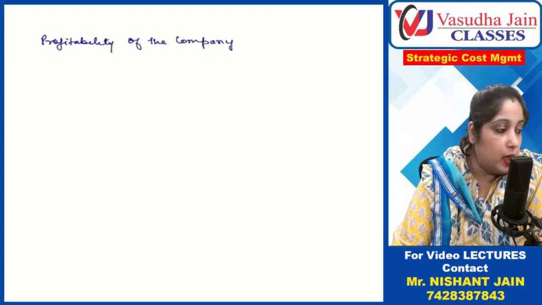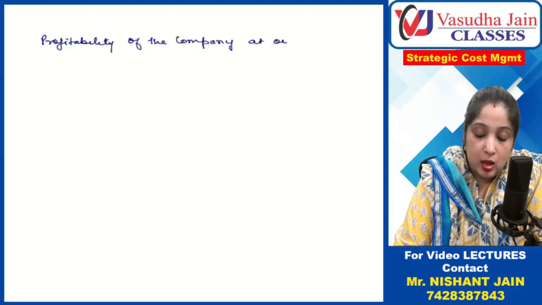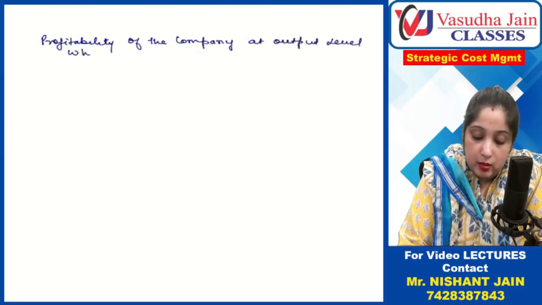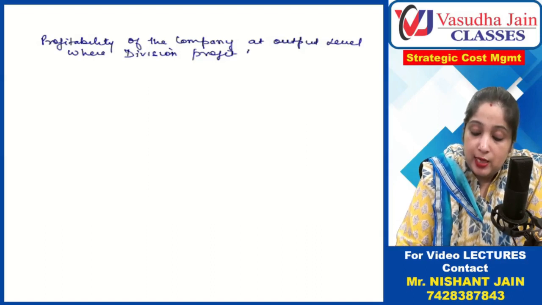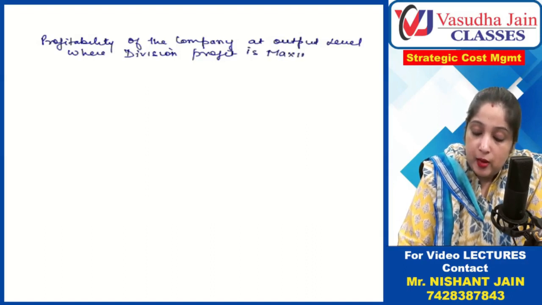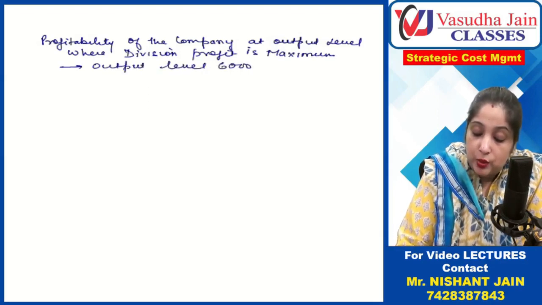So profitability of the company at output level where division A's profit is maximum. Now division A's profit is maximum where? At what output level? Output level 6,000, right? Now output level 6,000 units.